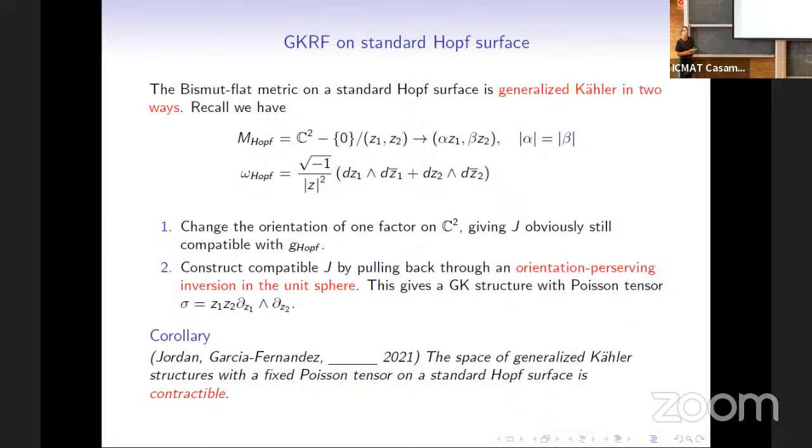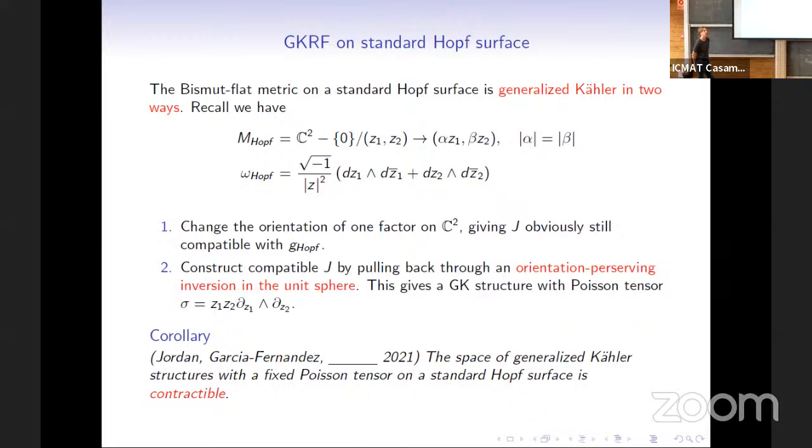So is it known which are the allowed Poisson tensors for the standard structure on the Hopf surface? Oh, I guess I said this was unique. That's not completely true. It's unique up to automorphism. Take the Hopf surface as a complex manifold, and then you ask for all Poisson tensors such that this is subordinate to some generalized Kähler structure.